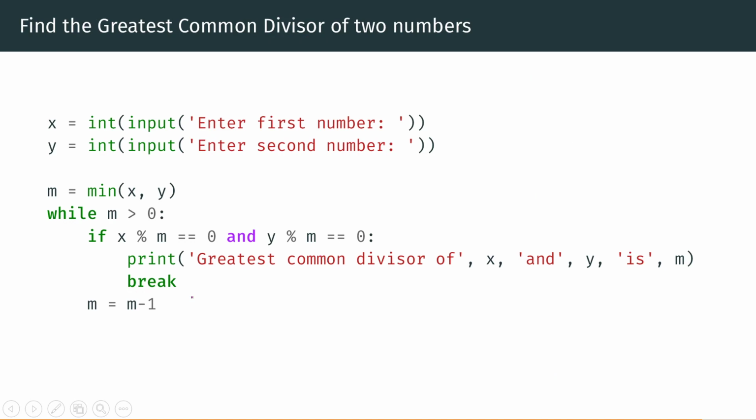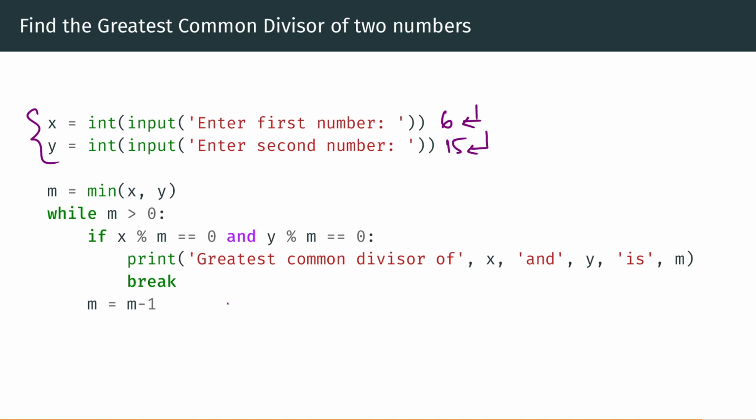So how do we solve this problem? As usual, we start with these two statements. We ask the user for two numbers. Let's say the user enters two numbers: 6 is the first number, 15 is the second number. Now what I do is I guess the answer. I take the guess to be the minimum of these two numbers.